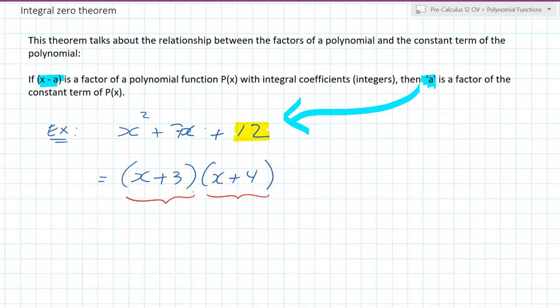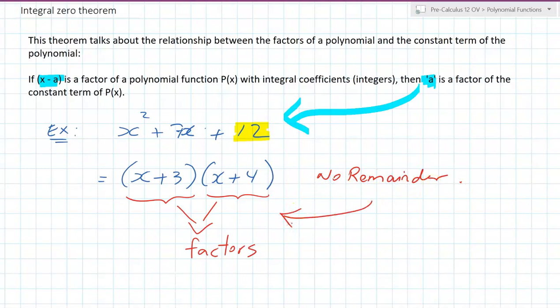In fact, if you do a long division, one is the quotient, the other could be the divisor, and vice versa. But we know these two are the factors because we don't have any remainder. No remainder, right? That means these are the factors.